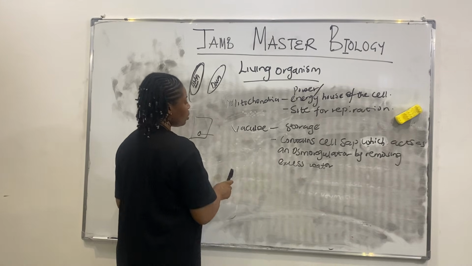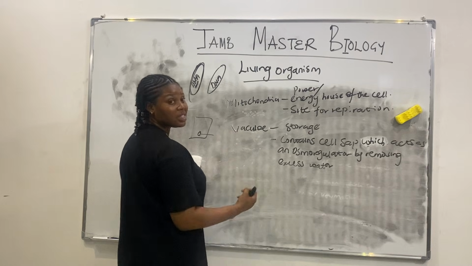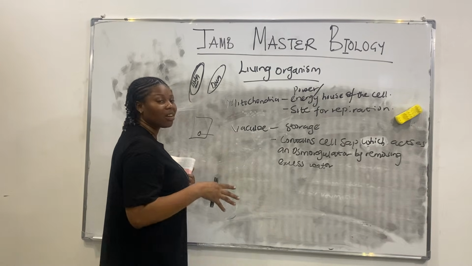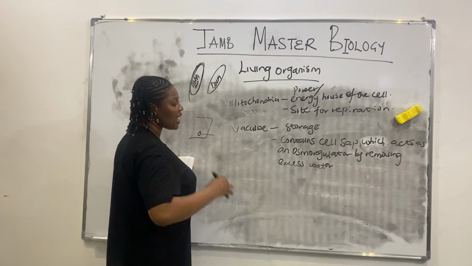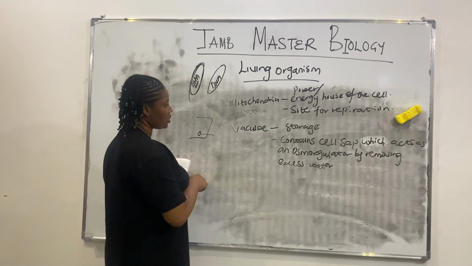It is the vacuole. Aside from storage, it contains cell sap that acts as a regulator, which means it regulates water and helps in the removal of excess water from the cell.